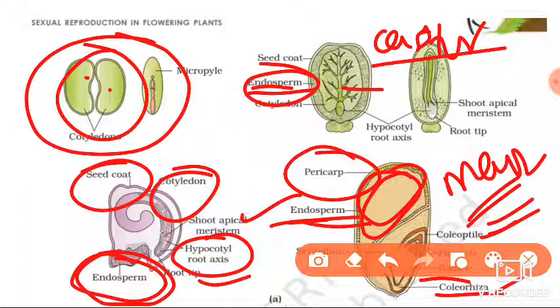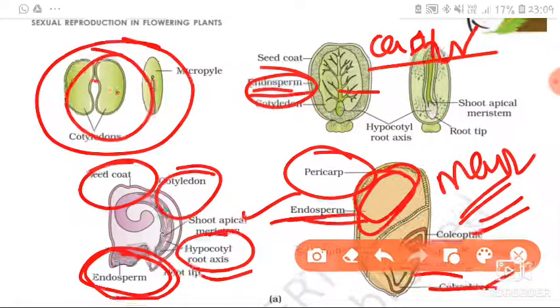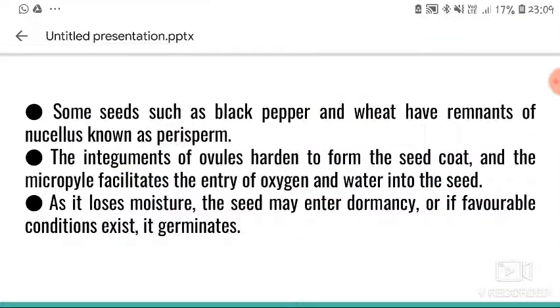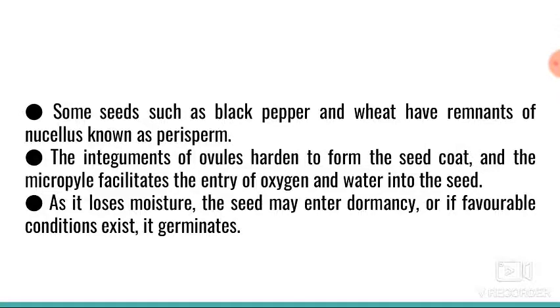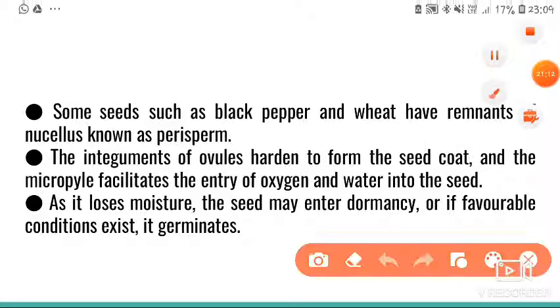Very simple, just remember the names, the examples, and the definitions of albuminous seeds and non-albuminous seeds. Also remember perisperm, please remember the definition of perisperm, it is also very important.